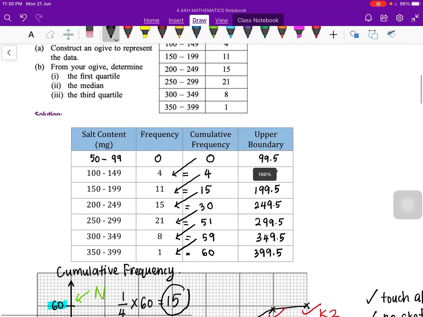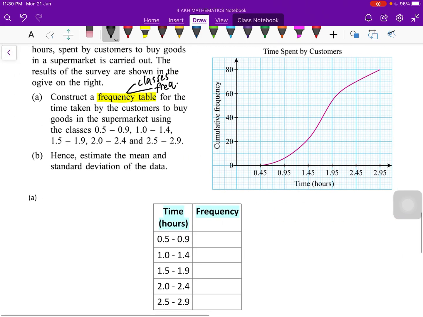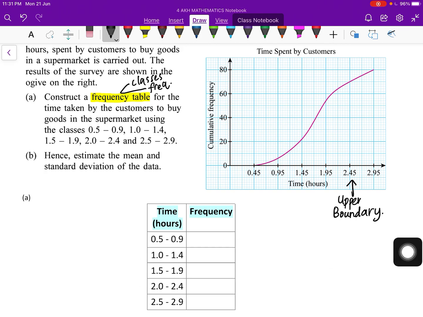Ogive, you're going to use upper boundary. Jadi, kita refer kepada kita punya ogive. So 0.45 mempunyai frekuensi 0. Tapi 0.45 untuk kelas ni adalah lower boundary, bukan upper. Upper boundary dia adalah 0.95. Contohlah teacher letak kat sini upper boundary.